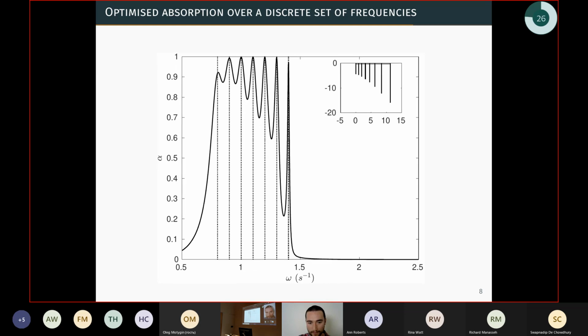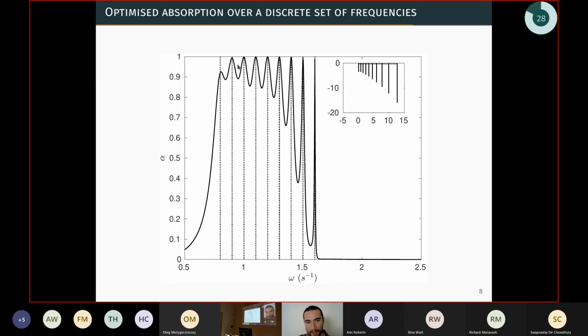And I'll just go through these here. One thing you can say about this absorption spectrum is we might not necessarily want it to have this peaked behavior. It would be better for applications if we could get an almost flat curve along here, because we don't want to assume a priori what the incident frequency is going to be.